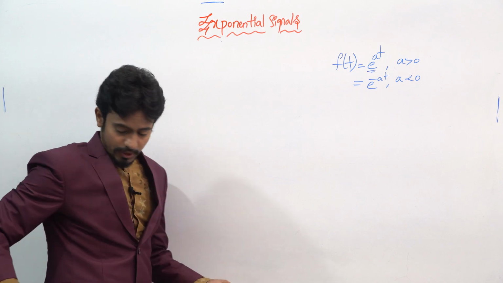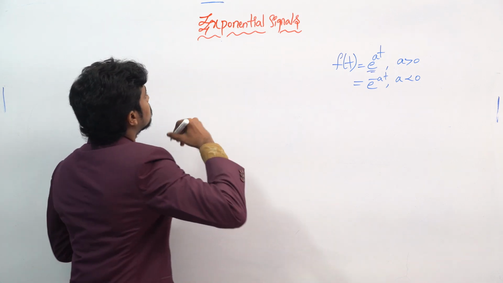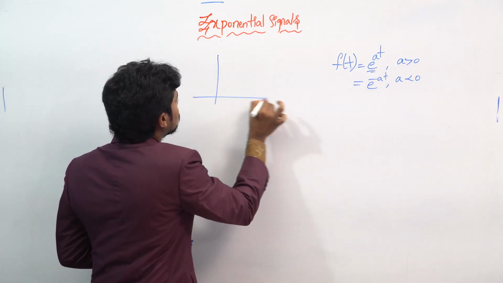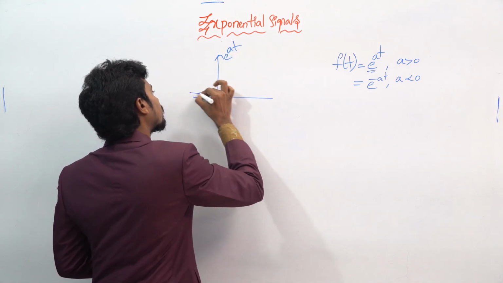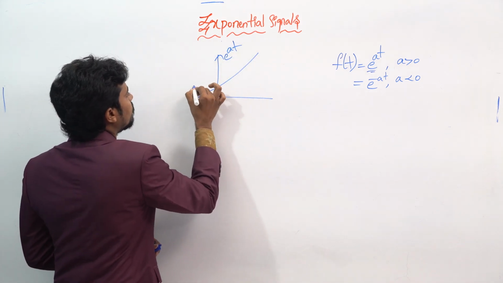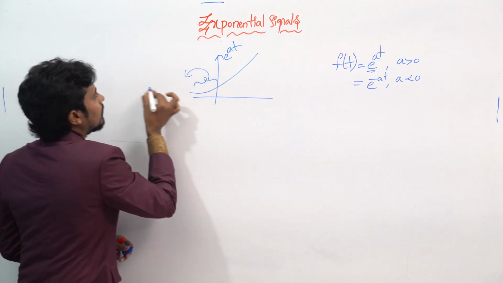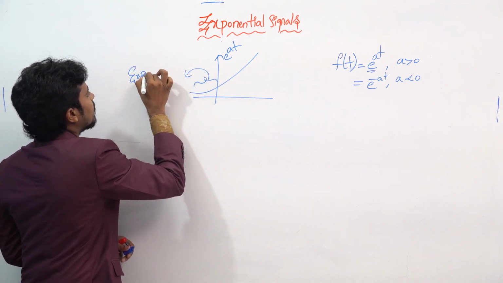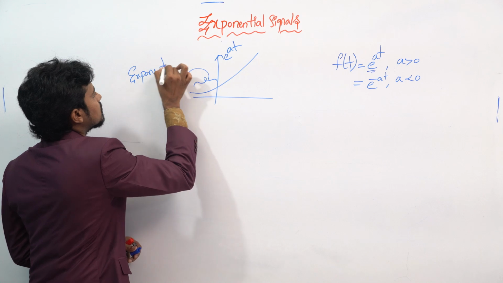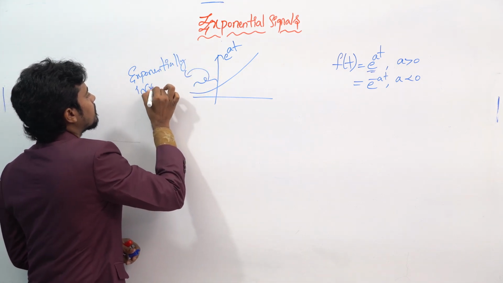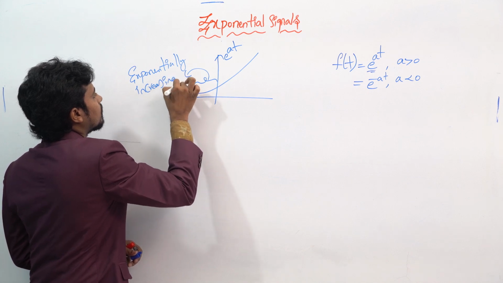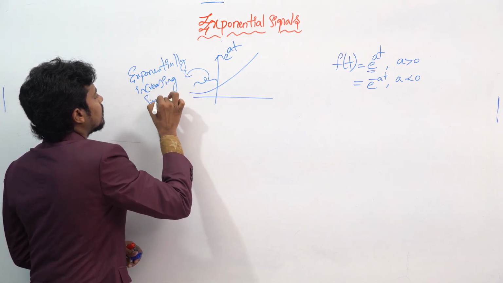And one thing you have to write down here. So this will be the e power at. This is also said to be the exponentially increasing signal.